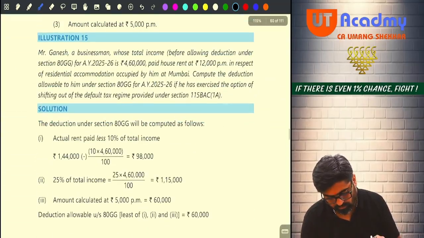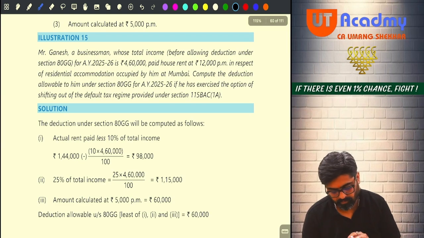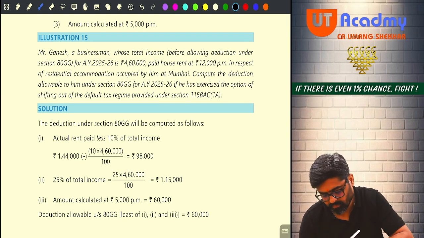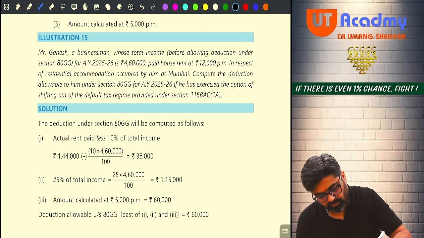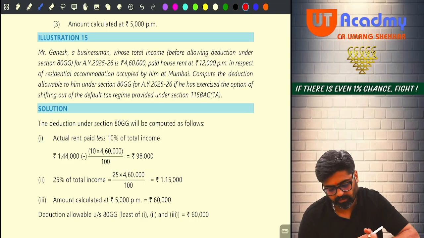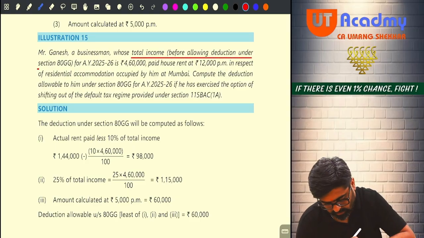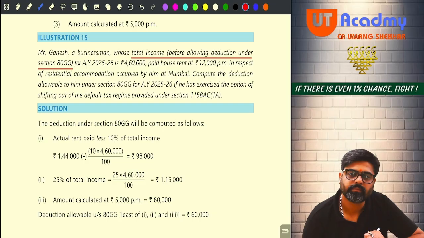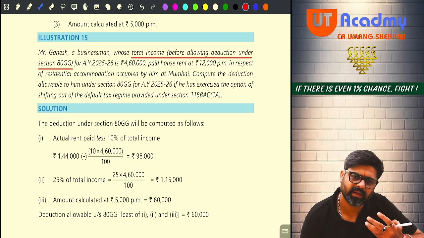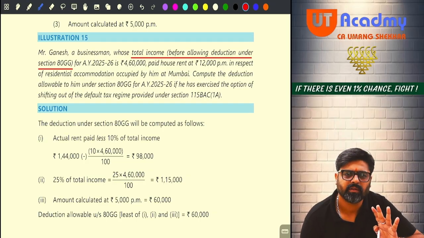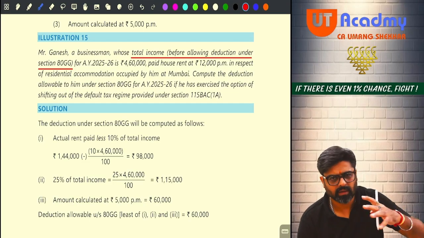80GG done. Yes. Come to question number 15. Mr. Ganesh, a businessman, whose total income before allowing deduction under section 80GG. Meaning, all the deductions are taken. GTI, all the deductions taken.